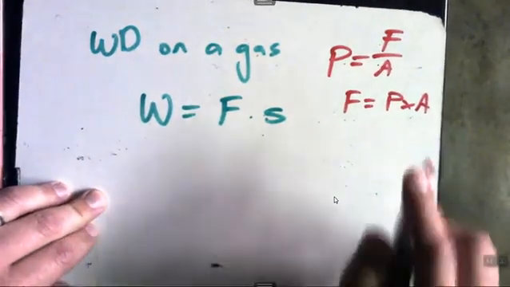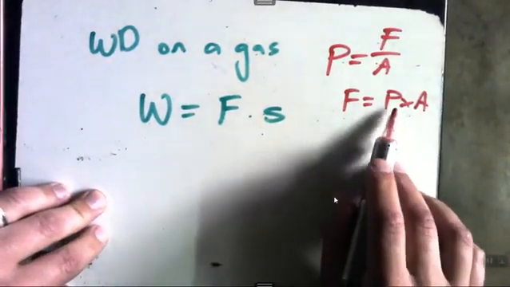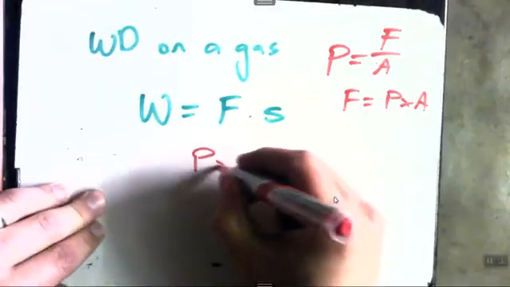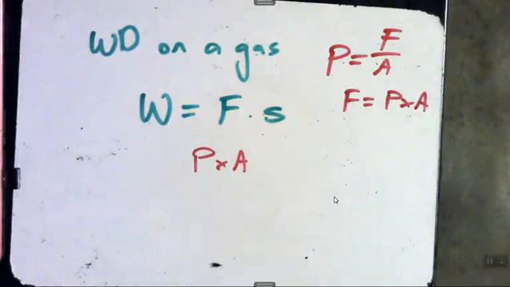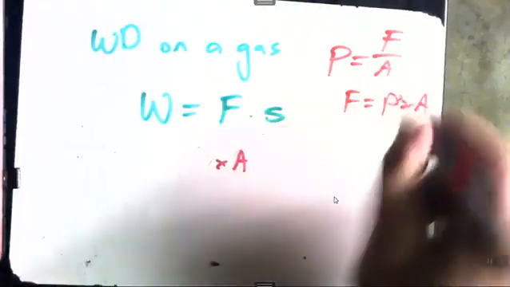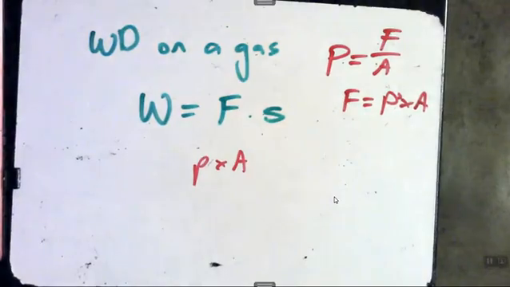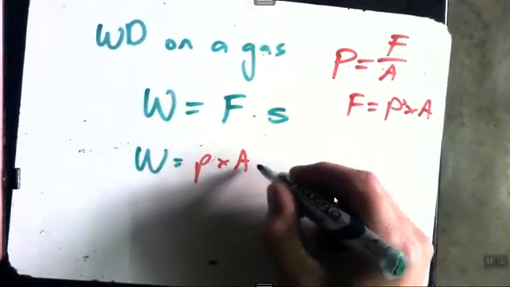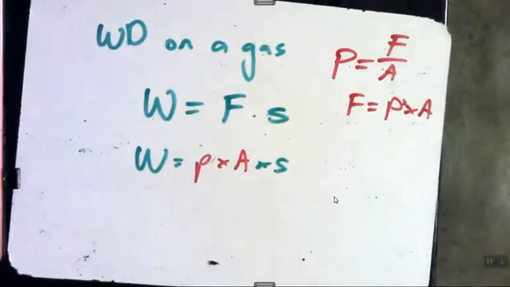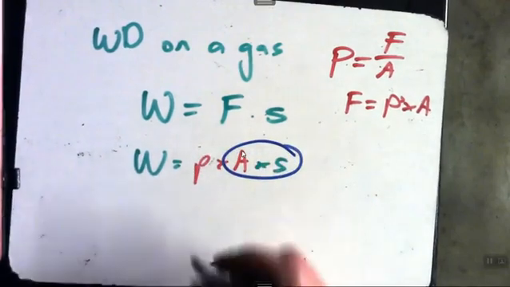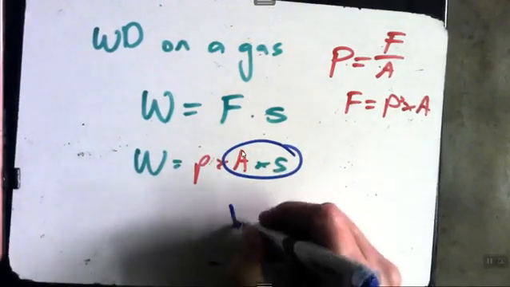So the gas has a certain amount of pressure and we're going to apply it. If we substitute in there pressure times area, it's actually a small letter p if I think about it. So the work is the pressure times the area times the distance. And if we know that area times the distance forms another value, we get volume.